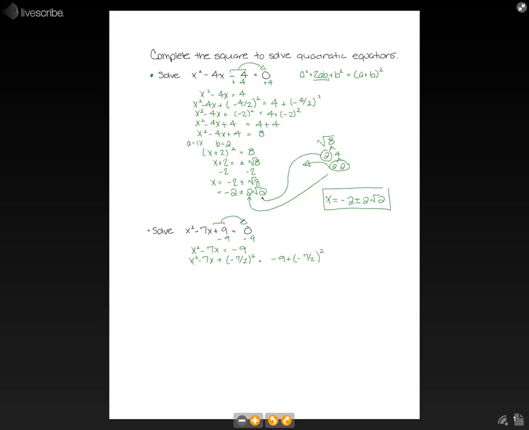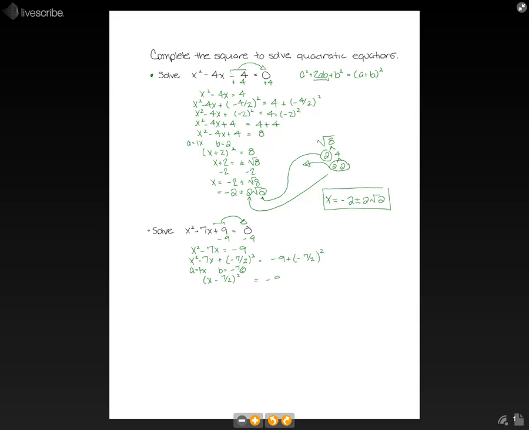We know that since the left-hand side is a perfect square, by design, we can stick that right into our formula. We know that a equals 1x, and b equals negative 7 halves. So we can stick that into our formula, giving us x minus 7 halves quantity squared.